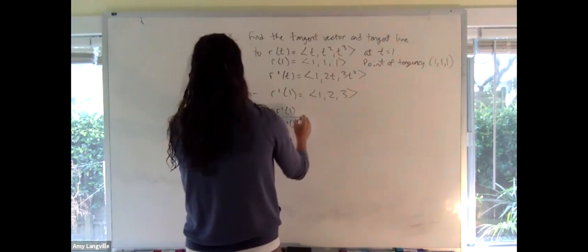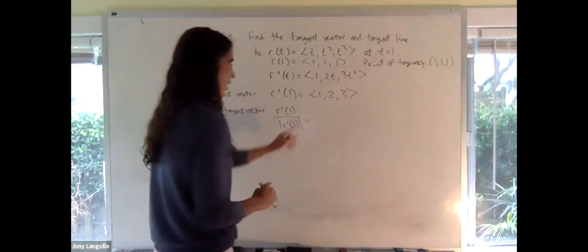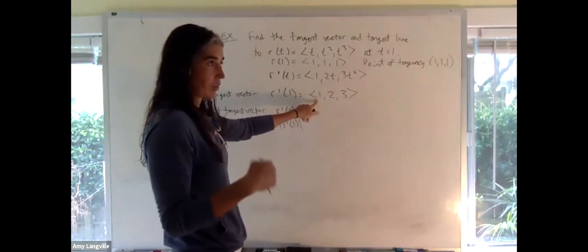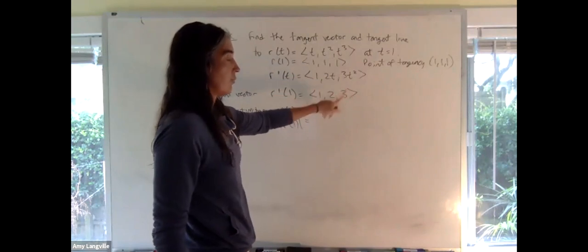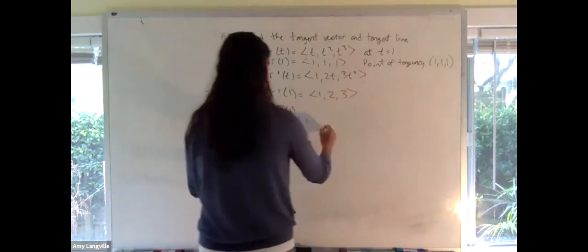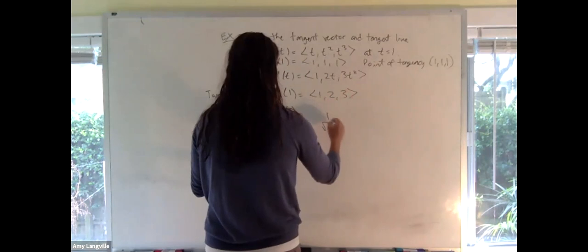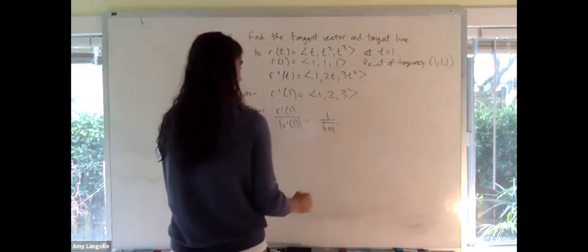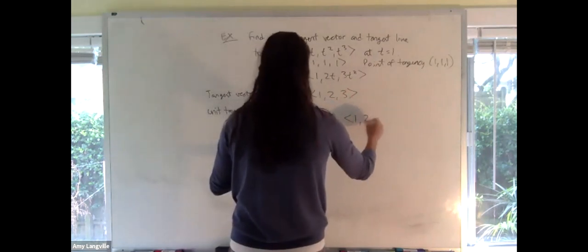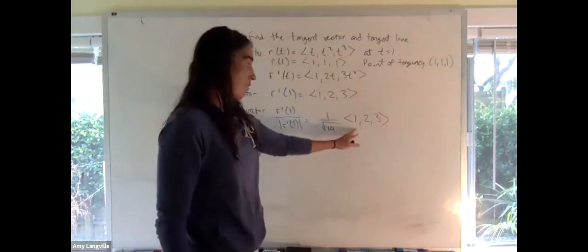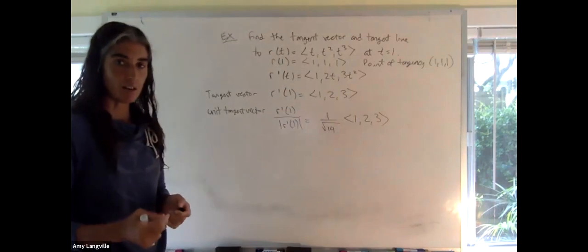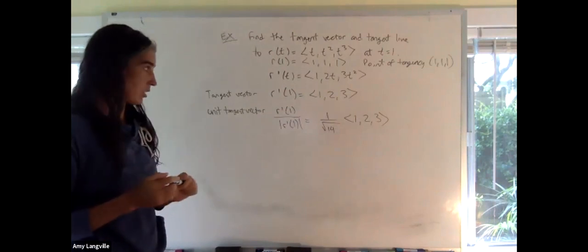So we need the length of this vector. That's the square root of the sum of the components squared. So 1 plus 4 plus 9, 14, square root of 14 goes down here. 1 divided by square root of 14 times the vector 1, 2, 3. That shortens this vector to make it have length 1. That is our unit tangent vector, and we're going to plot some of these in a moment.